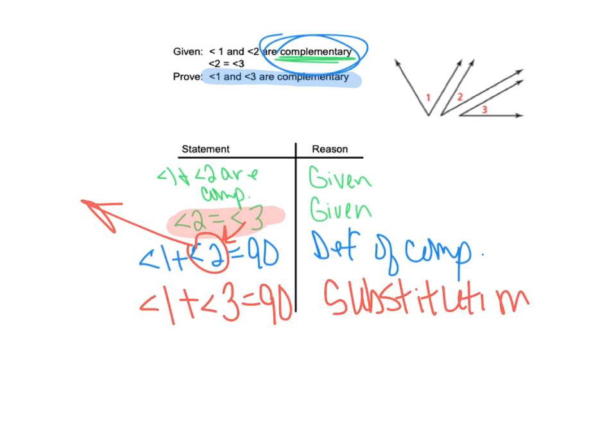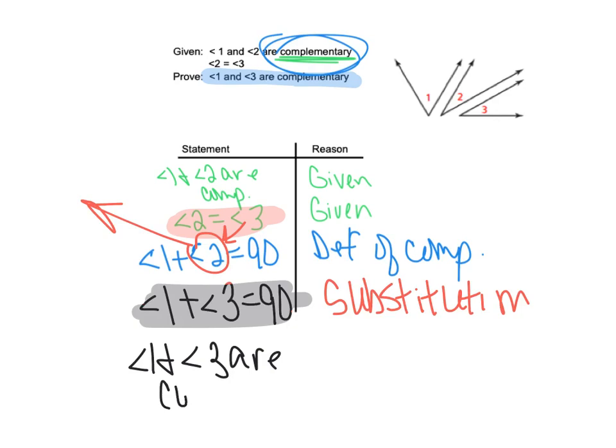Well, what is the definition of complementary? It's biconditional, which tells you that if two angles add up to 90 degrees, they're complementary. And it also says if they're complementary, then they add up to 90 degrees, which means we have a statement here that says these two angles, 1 and 3, add up to 90 degrees, which means angle 1 and angle 3 are complementary, because that is the definition of complementary.